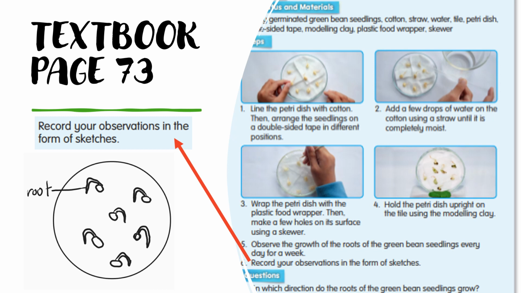Then make a few holes on its surface using a skewer. 4. Hold the petri dish upright on the tile using the modeling clay. 5. Observe the growth of the roots of the green bean seedlings every day for a week. 6. Record your observations in the form of sketches.